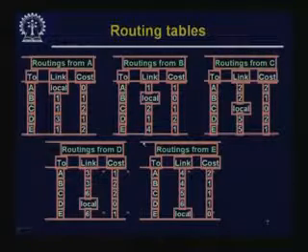One thing to note over here is that suppose you take any destination, let us say A. Let us consider a tree with a root at A. Now, B connects to A through link 1, and C connects to A through link 2.